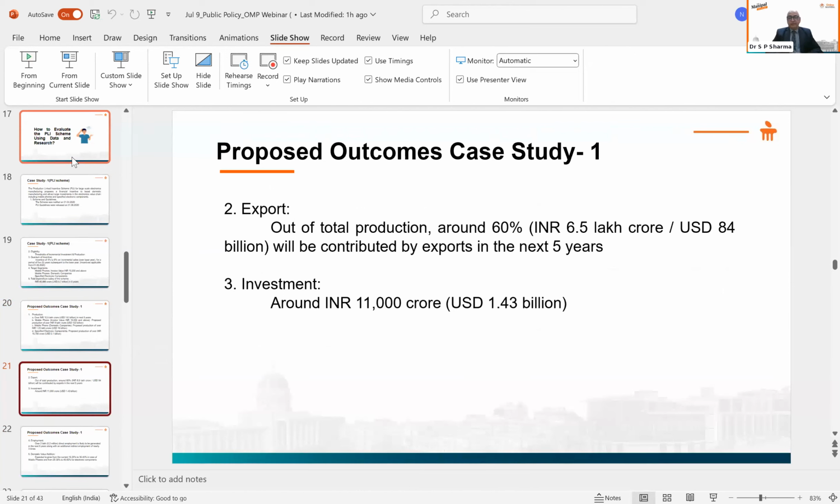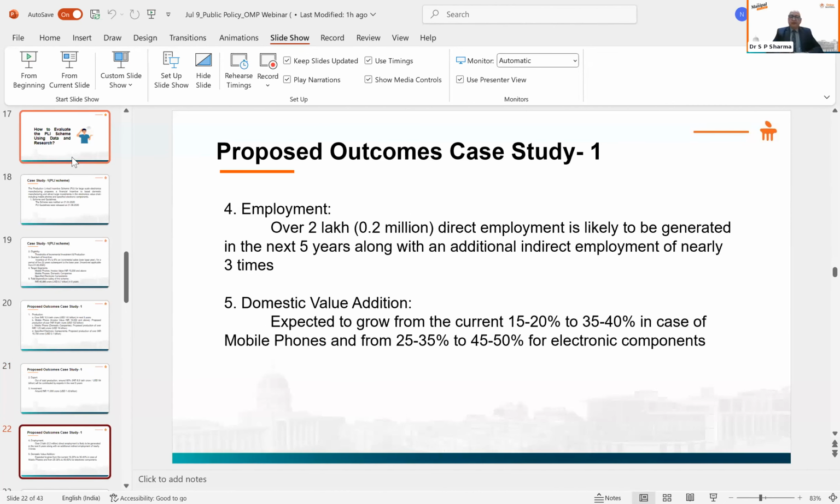So investment was anticipated at 11,000 crore. That is only 1.43 billion dollars. And employment was anticipated at over 2 lakh, that is 0.2 million direct employment was anticipated.